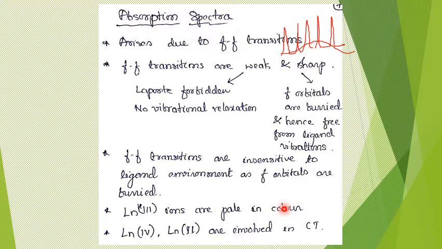A little intense coloration is possible, but that will not usually be observed with Ln3+ ions. It will be observed with Ln4+, like cerium, which can show an oxidation state of 4+, or some other lanthanoid which can show different oxidation states like 2+ and so on. In that case, some charge transfer transitions are expected, and because of it some intensity can be gained for these compounds. Okay, that's about the absorption spectrum.